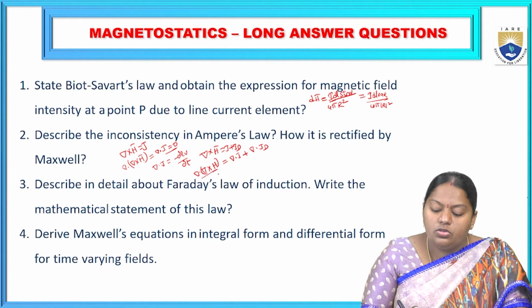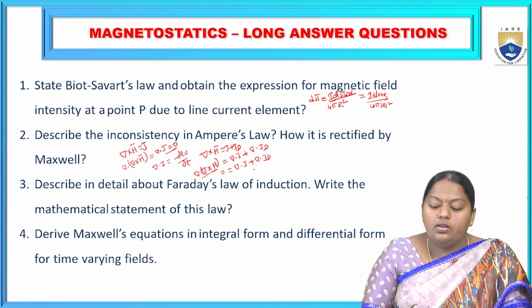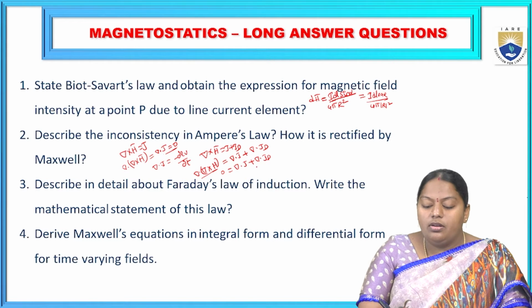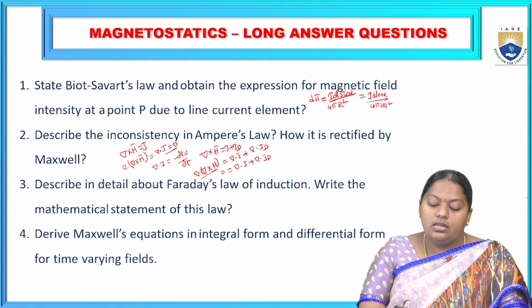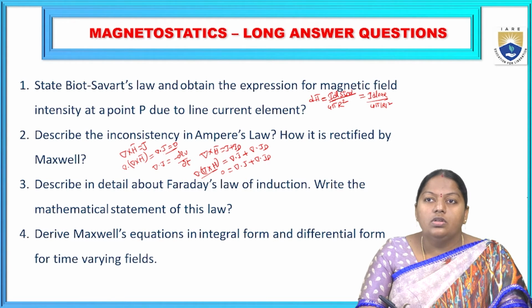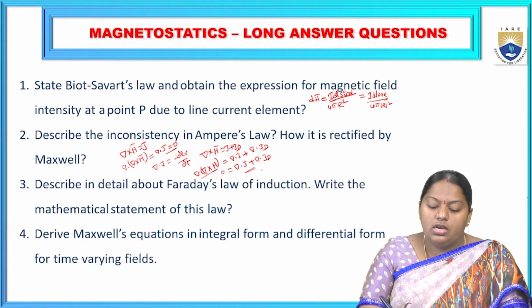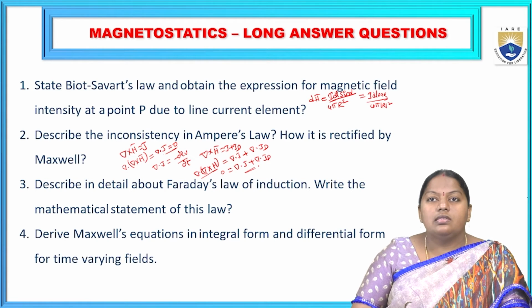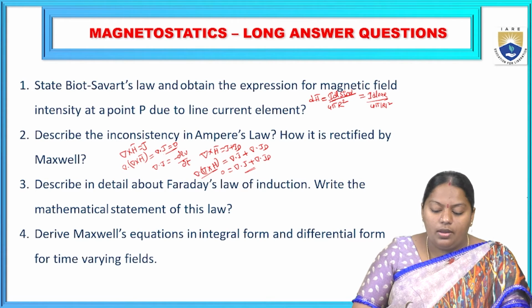Equating this to 0, del dot J can be written as minus del dot JD. So this is the case that del dot J is not equal to 0. This is the way Maxwell rectified the inconsistency in Ampere's circuit law.